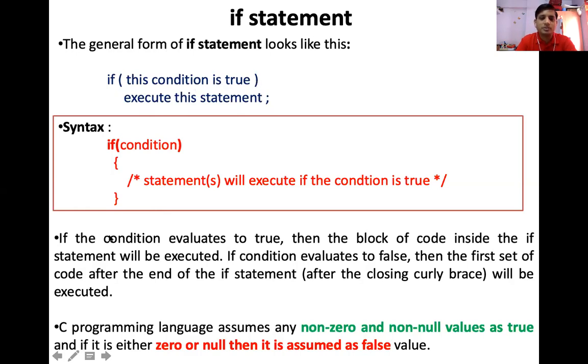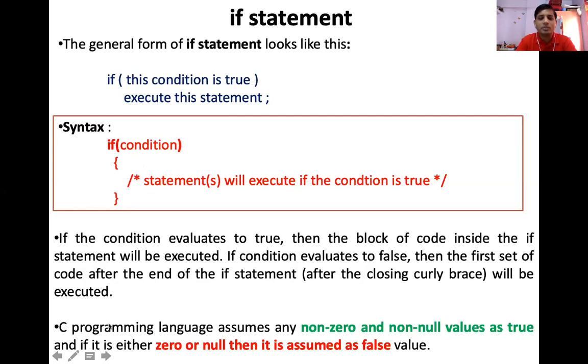Very simple. So if the condition evaluates to true, then only the block of code inside the statement will be executed. Otherwise it will not execute. The curly bracket defines how many statements you want to enclose as conditional code. If you want to enclose 4 or 5 statements, all of them should be enclosed in that curly bracket itself.